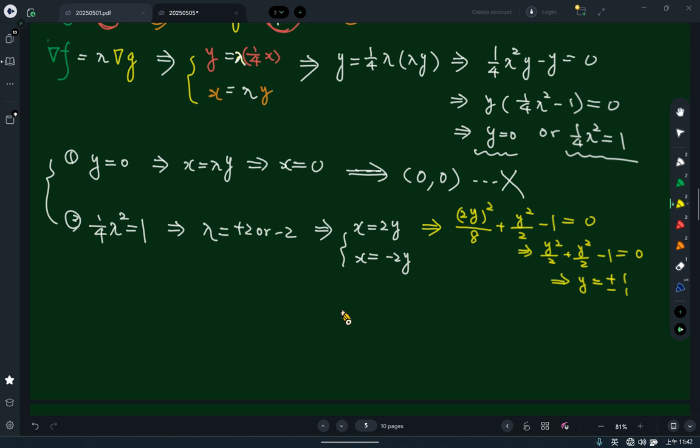So in this case, we can continue to get s is equal to positive 2 or negative 2, right? Because s is equal to 2y. So when y is equal to 1, then we can get s is 2.